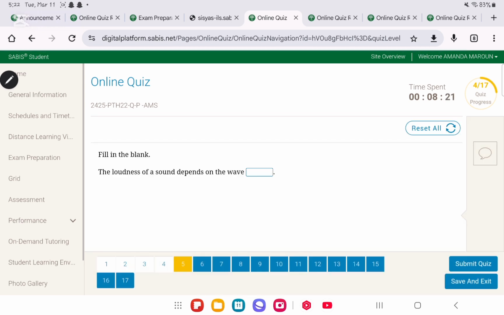We move on to question number 5. They said the loudness of a sound depends on the wave amplitude. This you have to have memorized. Some other extra information is that the frequency is directly proportional to the pitch.